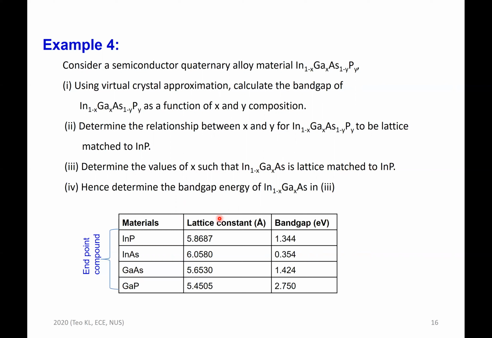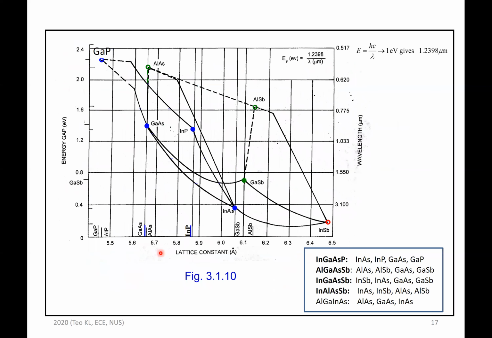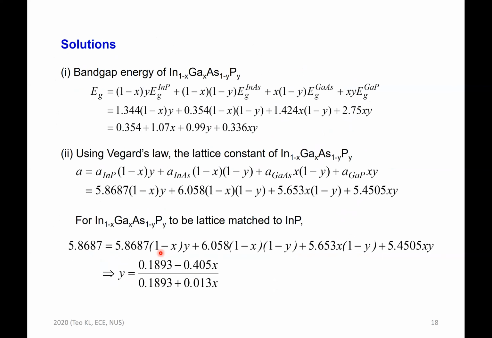So the material lattice constant and the band gap energy are given to you. By the virtual crystal approximation, to calculate the indium gallium arsenide phosphide band gap, you look at the endpoint semiconductor indium phosphide, with subscript 1 minus X and Y. That will be your weighted factor.